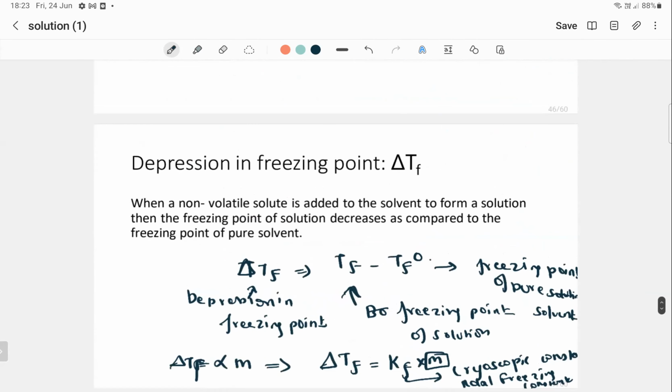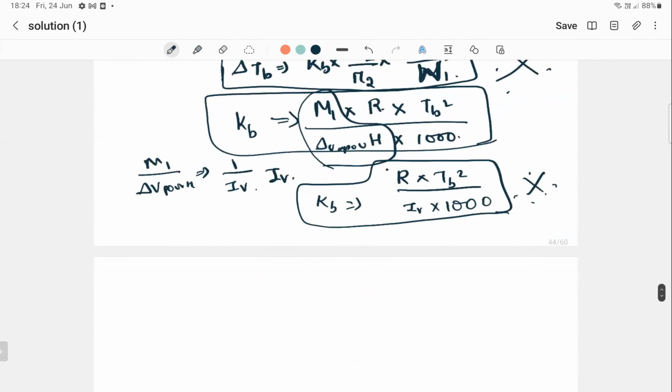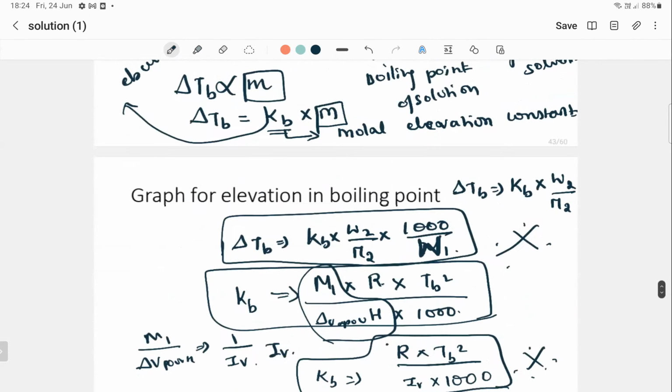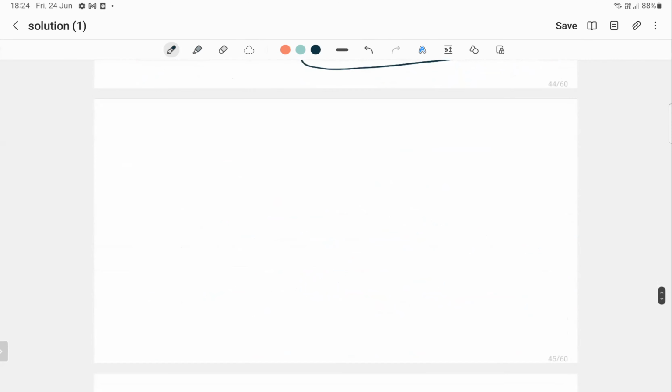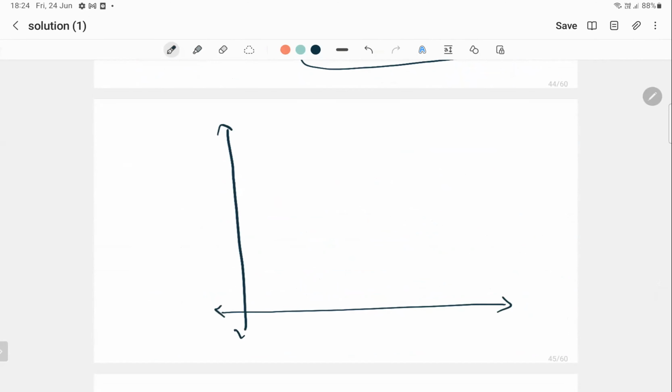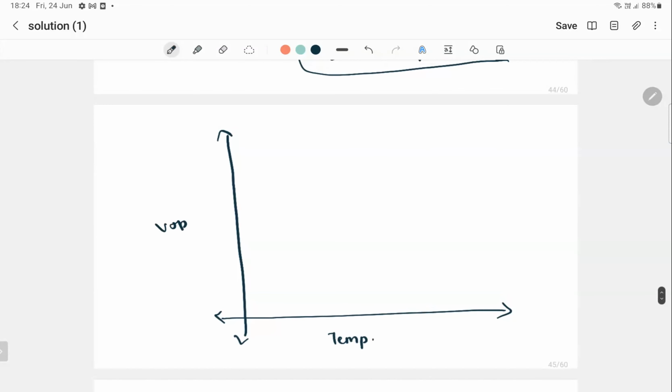Just listen, this graph is very, very important. First one is for the elevation in boiling point. This is your graph. Here will be your temperature, and here will be your vapor pressure, equal to 1 atmosphere. Why have I included 1 atmosphere?